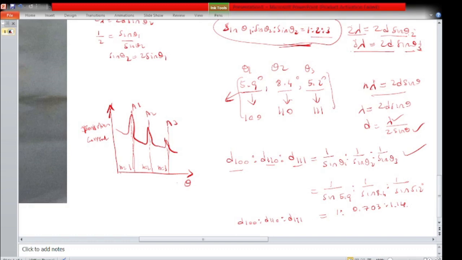So this procedure may also be followed for other crystal systems also, and we'll get different values corresponding to this interplanar distance.